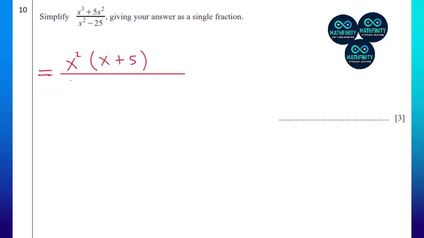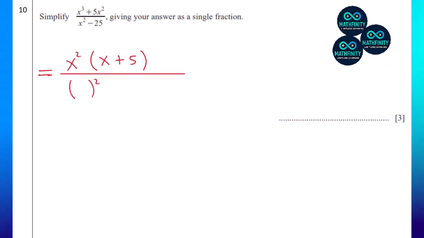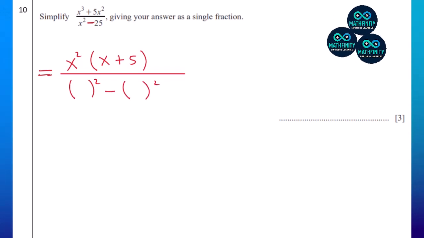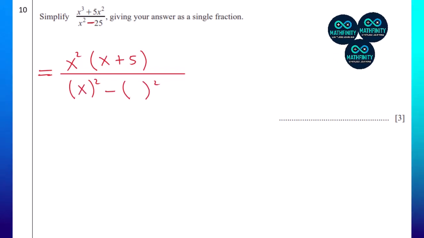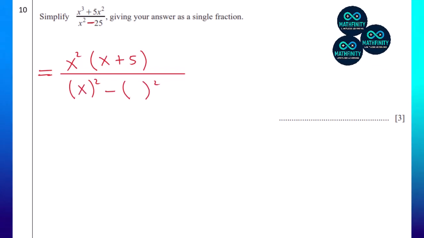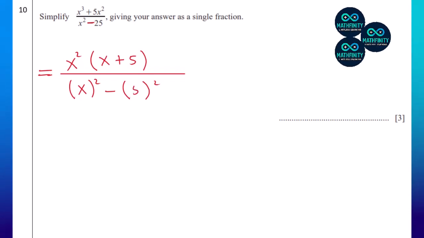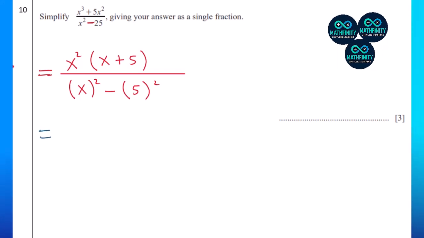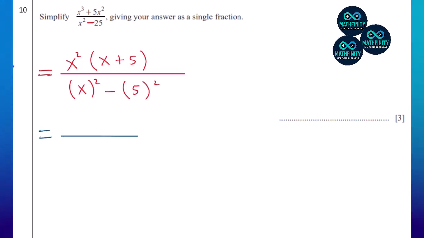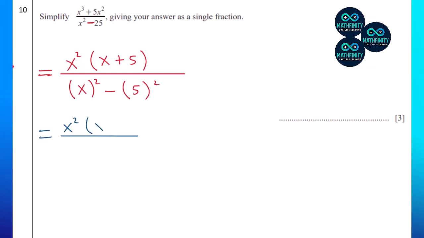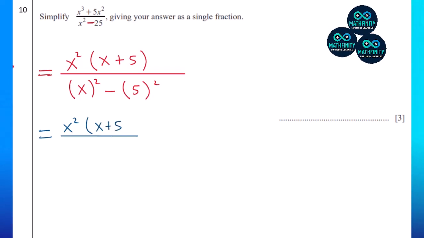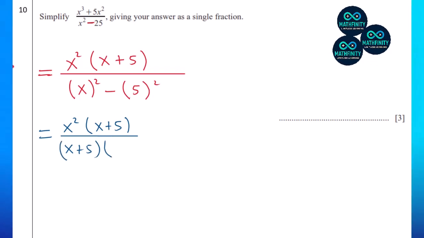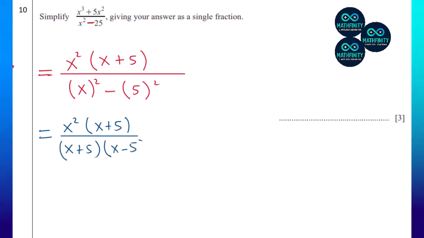So we will try to complete the square because the negative sign is between them. In the first bracket we can write x, and in the second bracket 5, because 5 times 5 gives us 25. After completing the squares, we have to write one bracket positive and one negative. So the numerator is x square times x plus 5, and the denominator is x plus 5 and x minus 5.